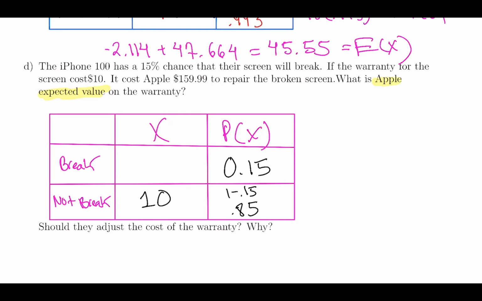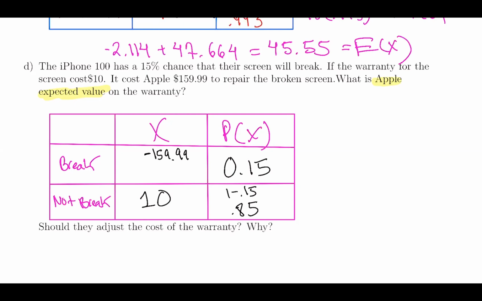All right. So up next we're gonna do when it breaks. So when it breaks, Apple does have to pay out because they have to fix the broken screen, which costs $159.99. So you want to represent that as a negative because they're losing that money. But you always have to take into account the net profit, because they're not out the entire $159.99, because they originally got the $10 that you pay for the warranty.